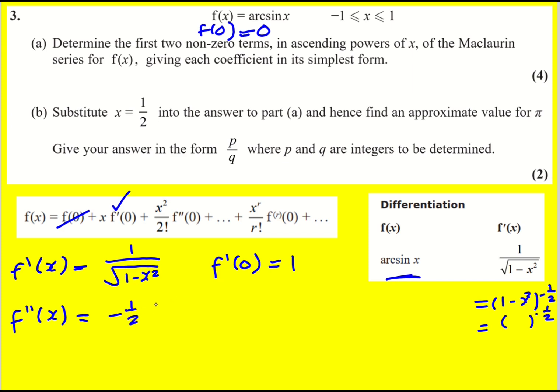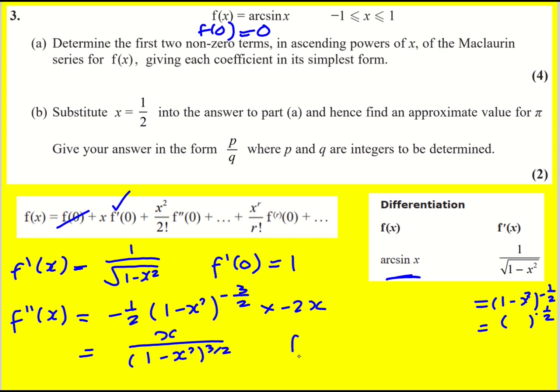So minus a half, 1 minus x squared, and then lower the power to minus 3 over 2. And then times by the derivative of the inside, which is minus 2x. And that is going to give us x over, I would write it back as a fraction now, 1 minus x squared to the 3 over 2. And f double dash of 0 is 0. So that one's gone.